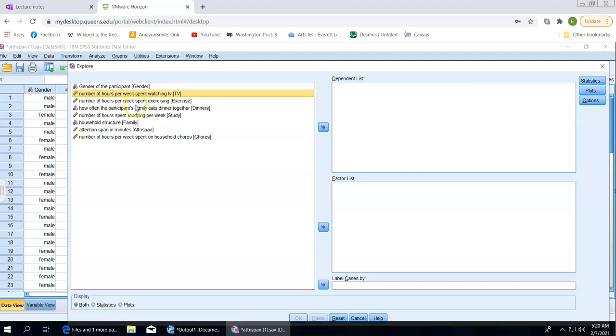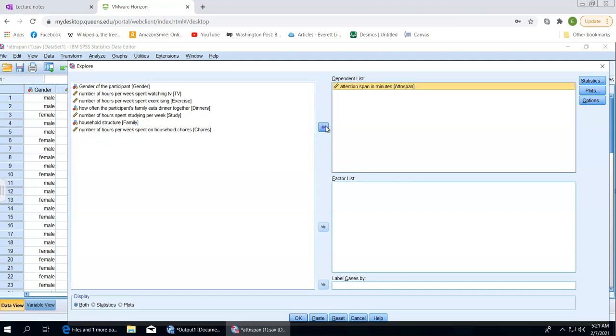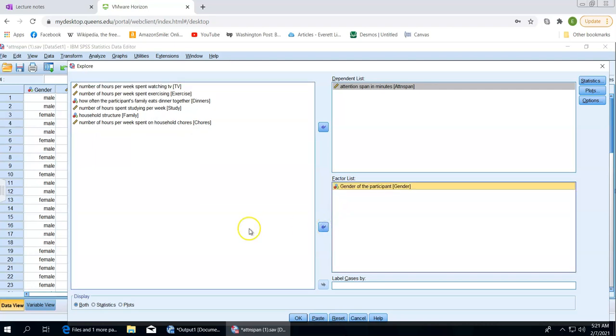And we're going to take our numeric variable, which in this case is our attention span, and we're going to put that in the dependent list. And the gender of the participant goes in the factor list. Don't get those backwards of each other. Your output won't look right if you do.